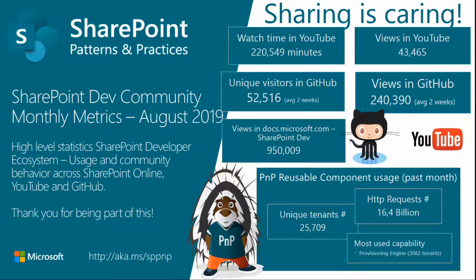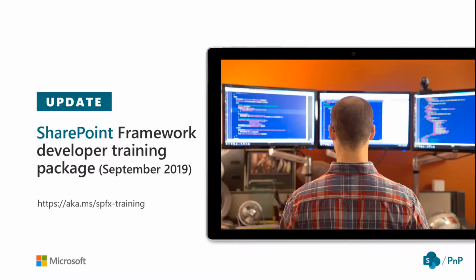The provisioning engine was used in more than 3,000 tenants as well. Pretty cool, because that means that people like this stuff and it works, at least at an adequate level. Well, it's meant to obviously work, but there might always be issues and bugs in the open source stuff as well. So we'll get everything improved gradually as part of this journey.